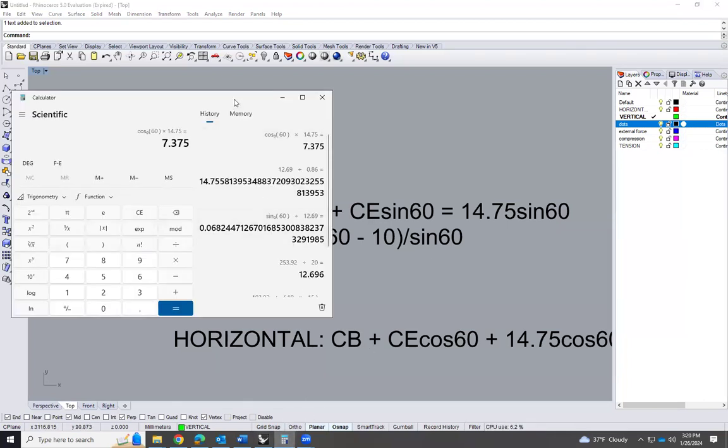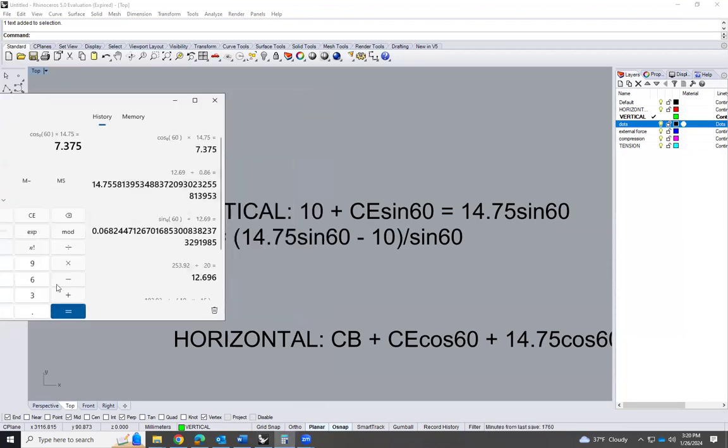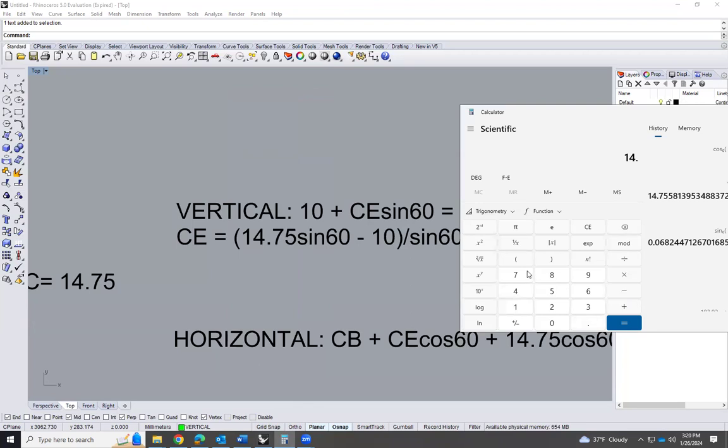Let's start putting numbers on this. It's 14.75 times, and now I have to open the parentheses, 60, trigonometry, sine, close parentheses.